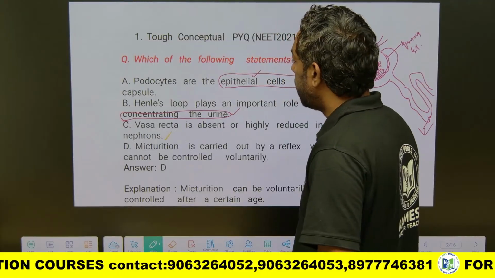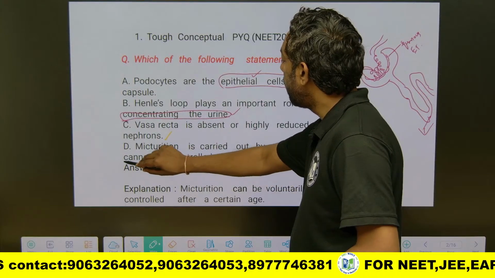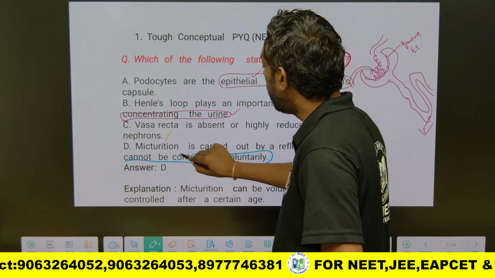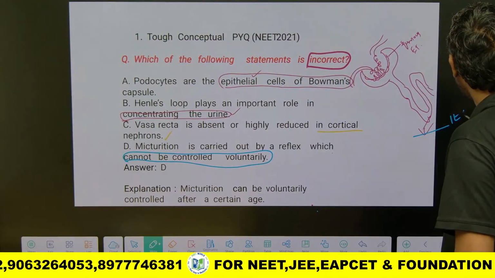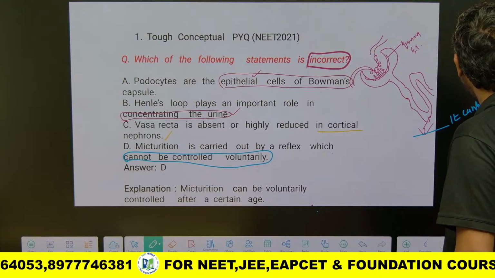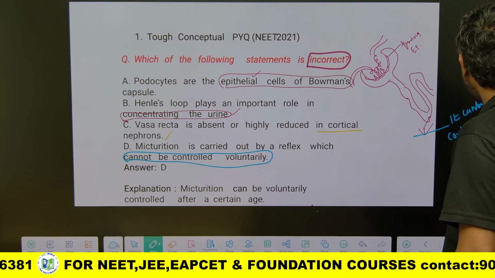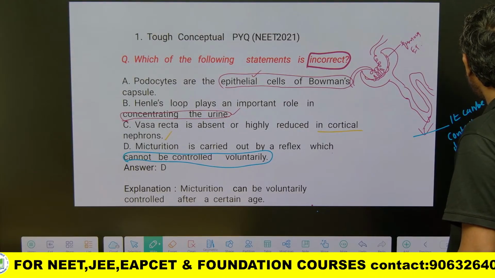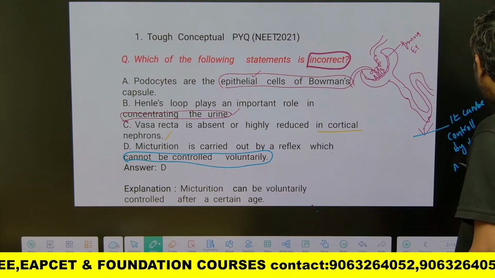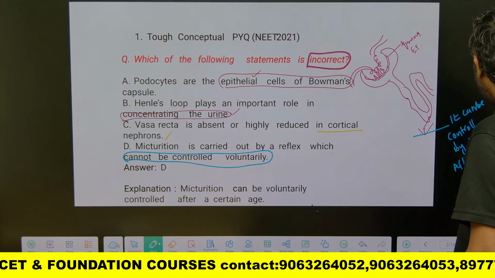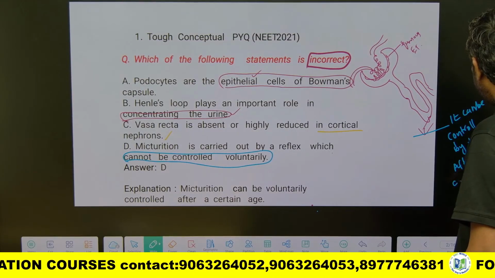And micturition is carried out by a reflex, it cannot be controlled voluntarily? No, it can be controlled by voluntary muscles after attaining a certain age.